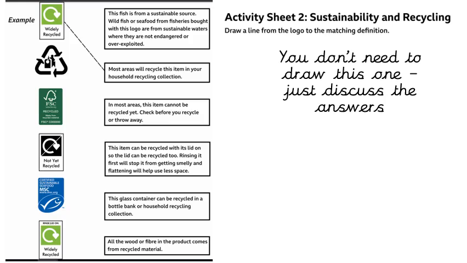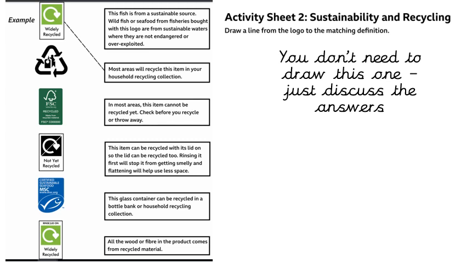Okay, the next activity sheet is this one. Now I don't expect you to draw this one out or write it out. I just want you to discuss the answers with people. So which symbol on the left do you think goes with which definition? So it says activity sheet 2, sustainability and recycling. So it says draw a line.